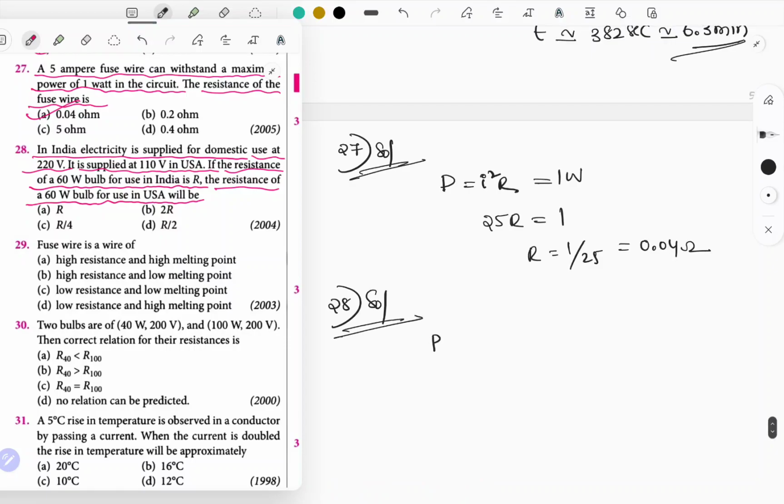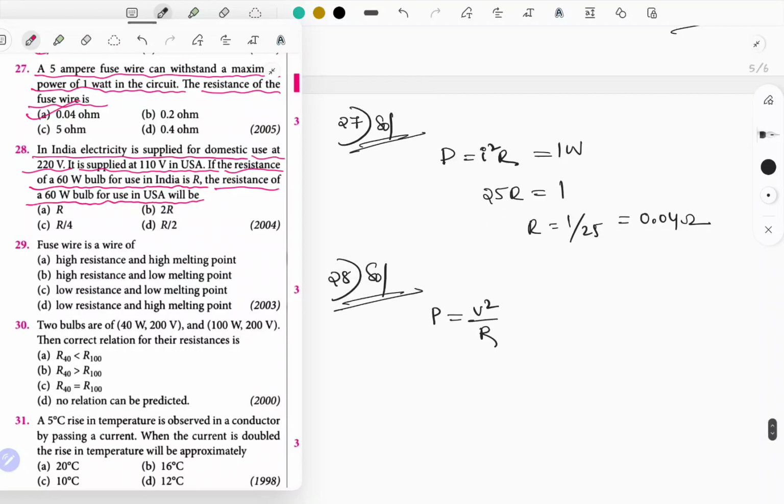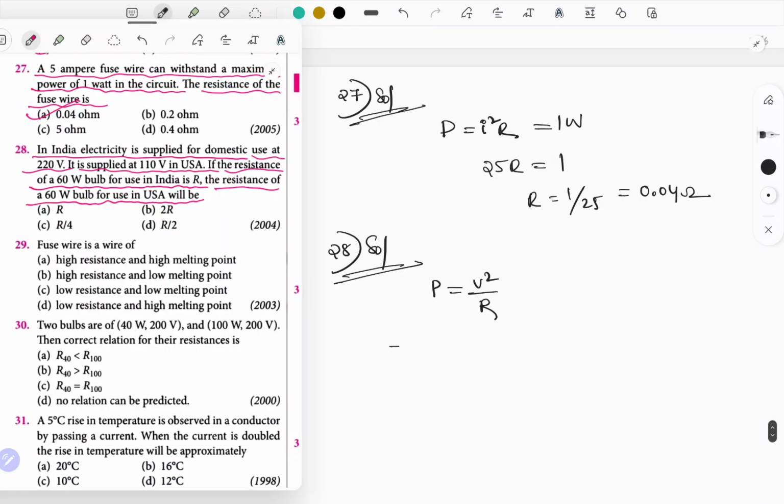So the power relation is P equal to V square by R. The bulb rating is the same, it doesn't change here, only the voltage input that you are giving is changing. So I can write V square is directly proportional to R. The thing I have to find out is R.